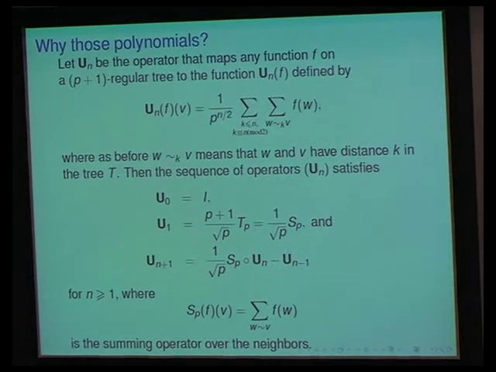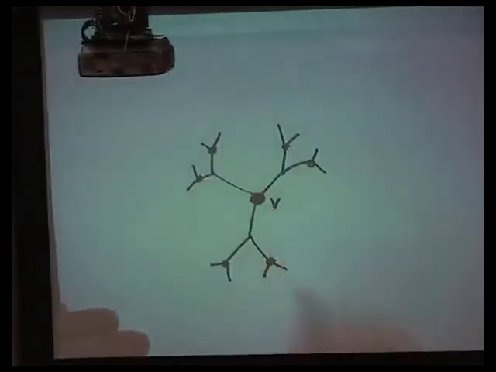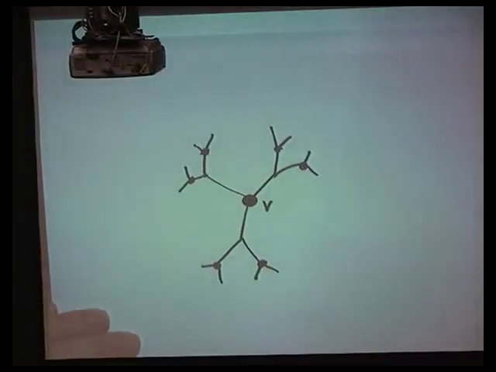And the proof of this is not difficult, because you should just try to envision what happens when you compose this operator for n, which is here, with the summing operator over the neighbors. Right, so you are here, you want to calculate the U_n of f composed with the S_p.